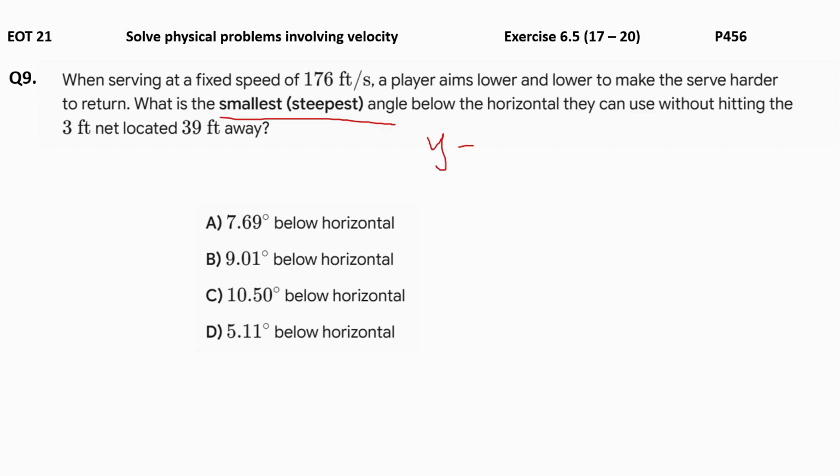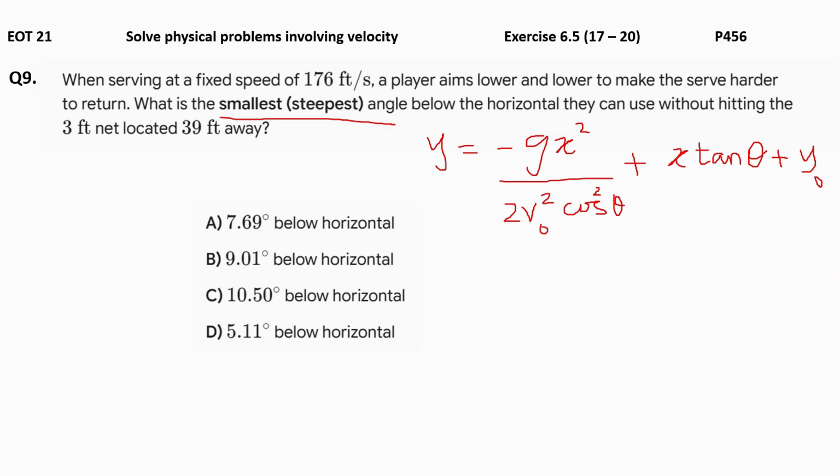Y is equal to negative g x square divided by 2 v naught square cos square theta plus x tan theta plus y naught.